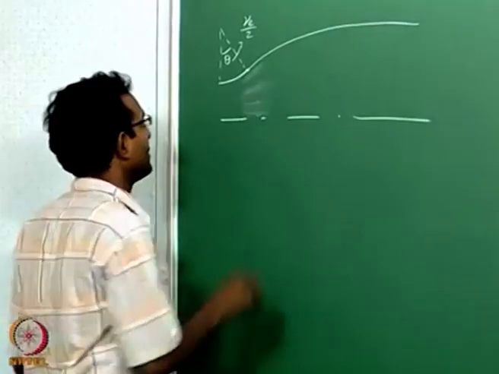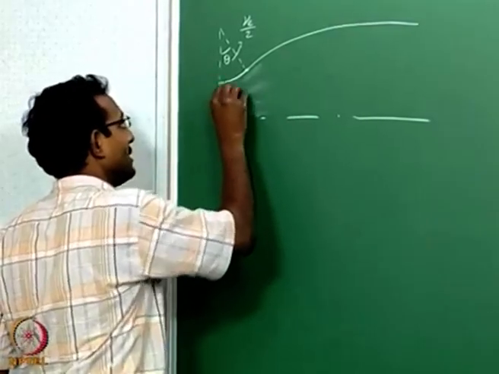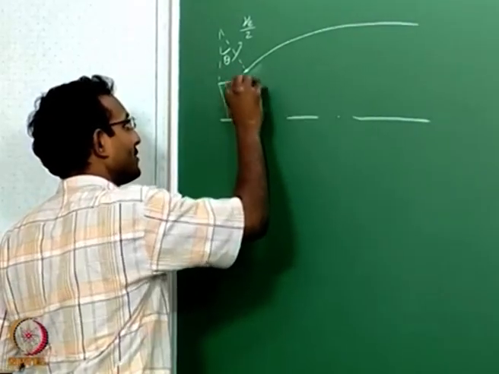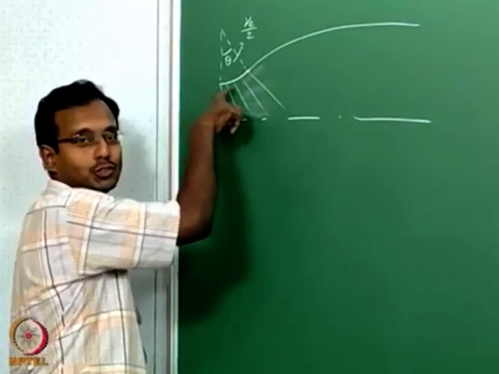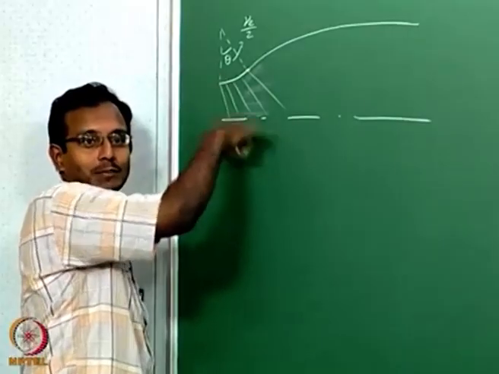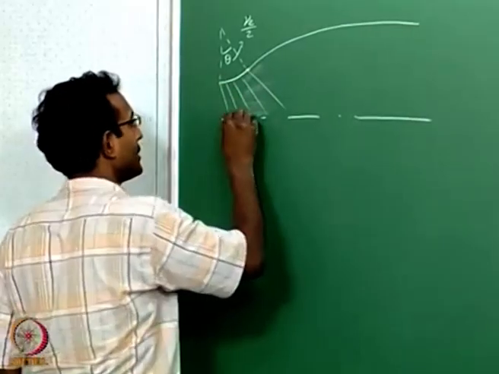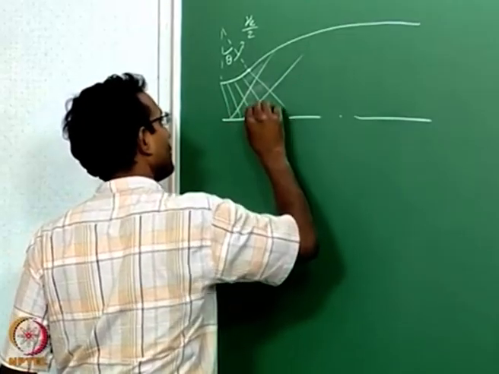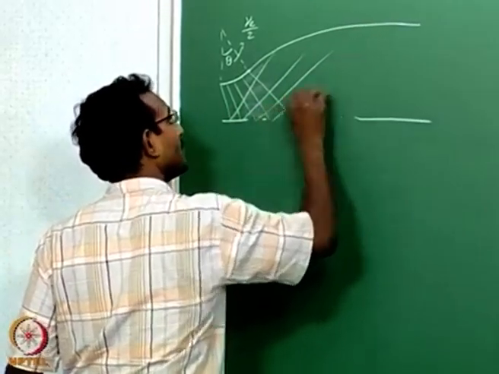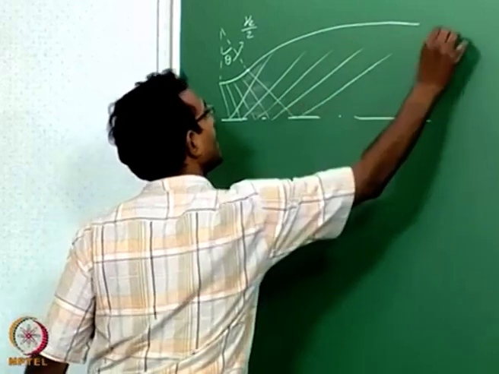What is really happening is this region which is actually sending out expansion fans, this is a smooth corner, think about it, it is sending out expansion fans downward. Those expansions, when they come back, they will still be expanding.